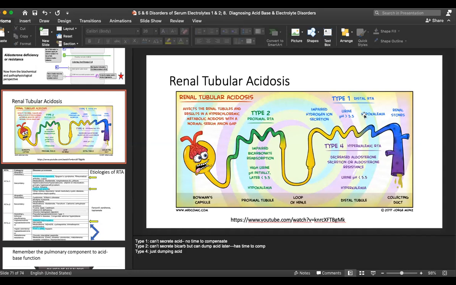But just know pH higher than 5.5, type 1. Type 1 and 2 have the low potassium, and type 4 has high potassium. And then just know it goes 2, 1, 4: proximal, distal, and then our collecting duct.